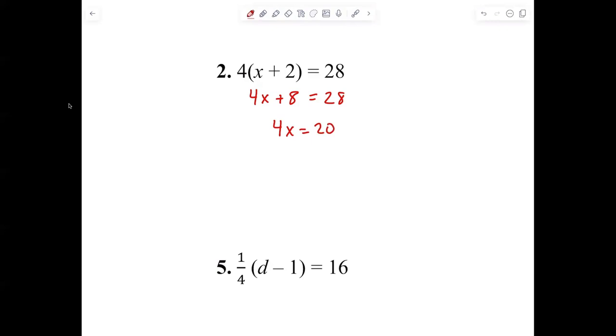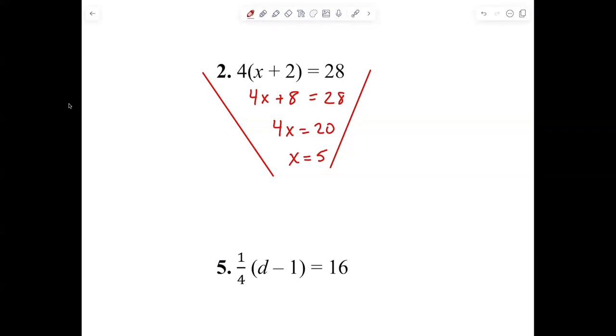Now what do I do to both sides? Divide by 4. So x equals 5. That's what we're doing now. I've done a good job showing you how to work backwards with equations. You can skip a little step. Anybody have any problems with this?